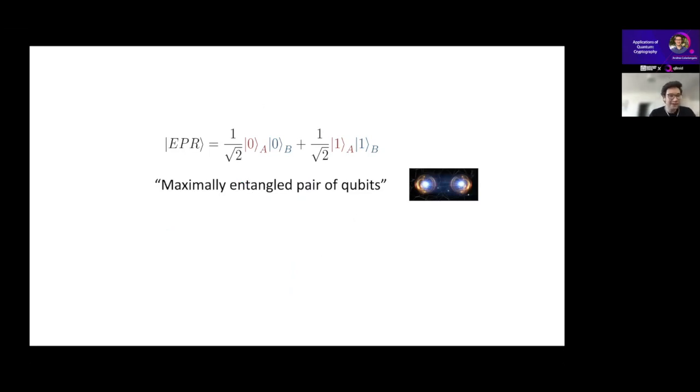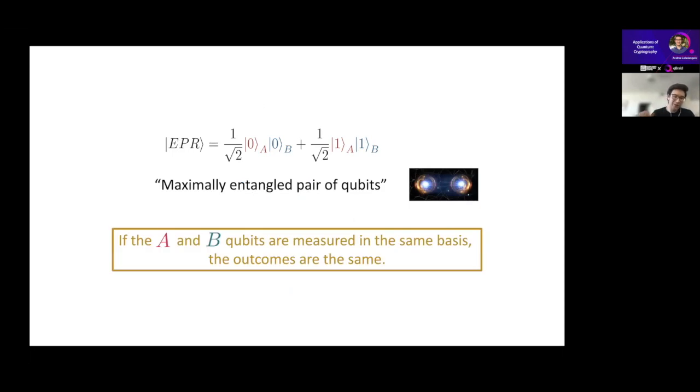What this means, in essence, is that no matter what basis you pick to measure each qubit, as long as Alice and Bob measure in the same basis, then they will get the same exact outcome with probability 1. In particular, they obtain either both 0 or they both obtain a 1 with 50-50 probability.